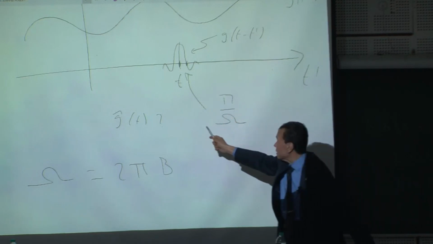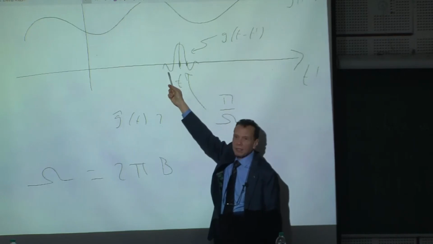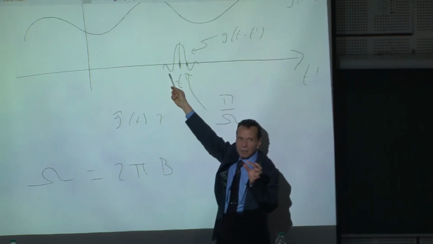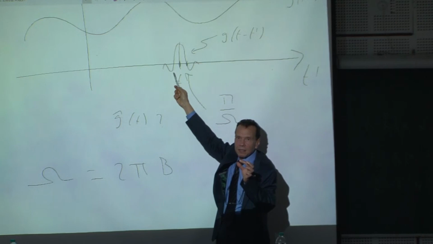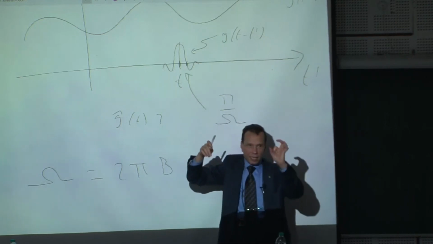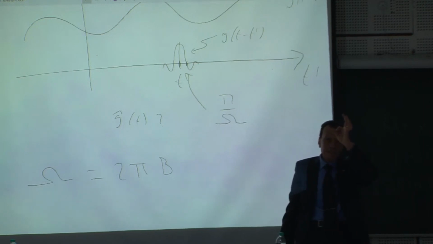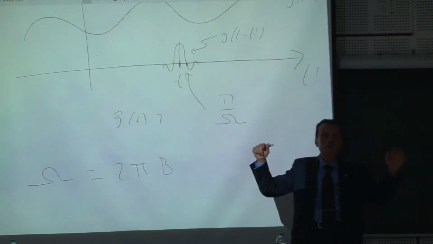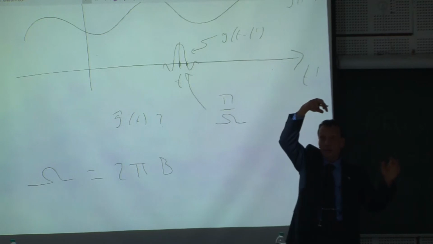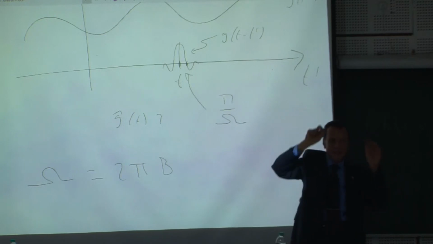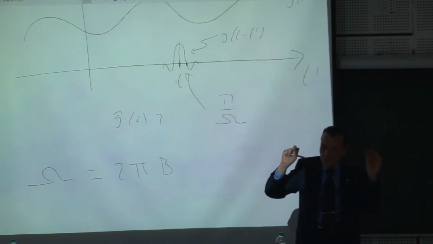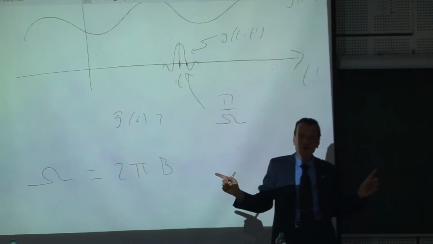So it will cause a maximum here, or a small maximum, another one here, another one here. So instead of seeing a sun in the picture, you will see 3 or 5 or 7 suns. One is very bright, and 2 less bright, 2 less, and so on. This is one of the artifacts I was talking about.